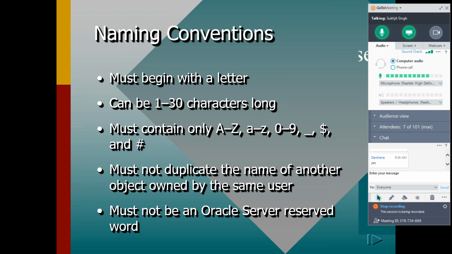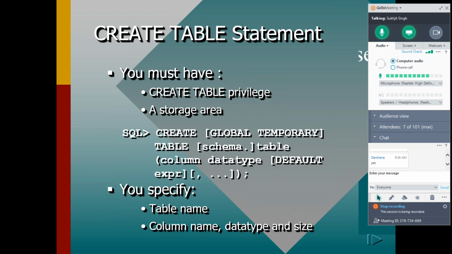We cannot have duplicate variable names in the same scope, and we also cannot use reserved words like table or index or create or update or delete as object names. These naming conventions have to be followed, otherwise you'll get a syntax error.